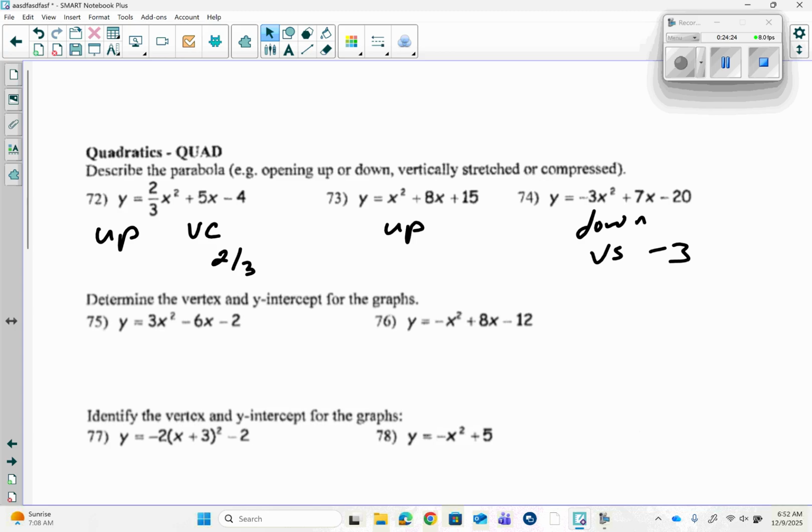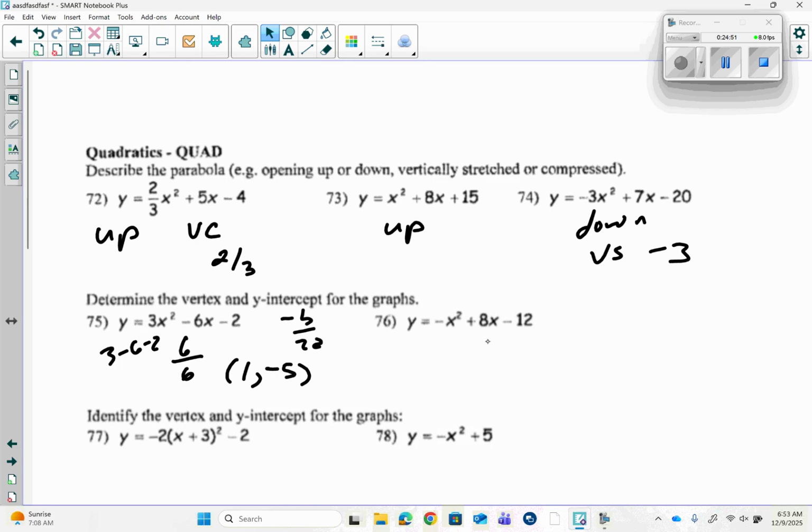Determine the vertex. Okay, so remember we're going to use negative b over 2a. Again, you can use your calculator on this, so if you do this, that's great. But the vertex is going to be 6 over 6, so 1 comma something, plug 1 in. That's 3 minus 6 minus 2. So that's -8.